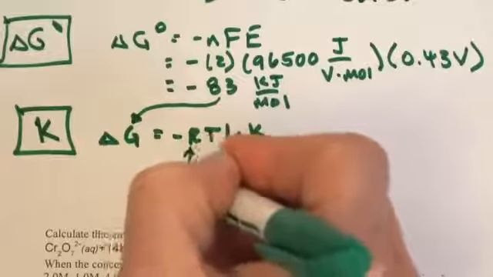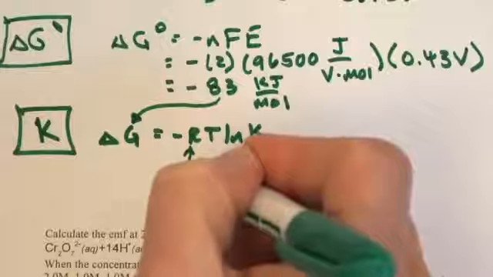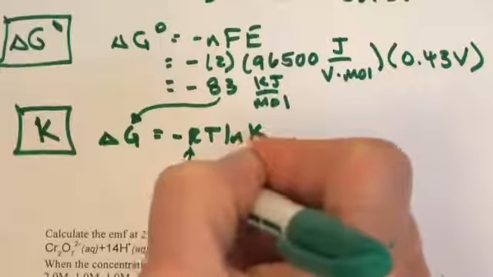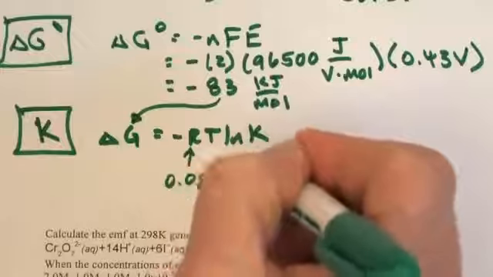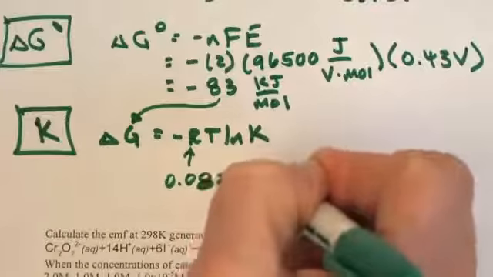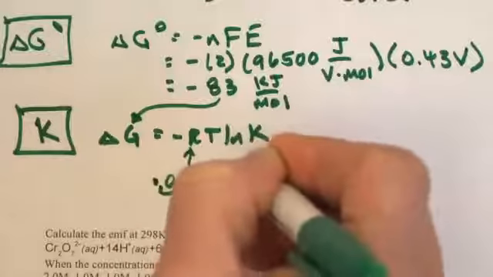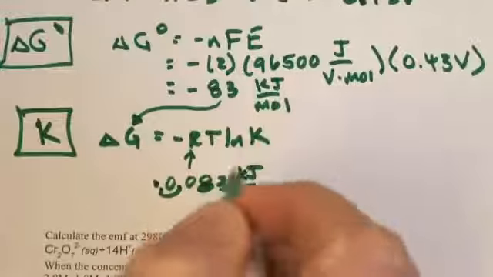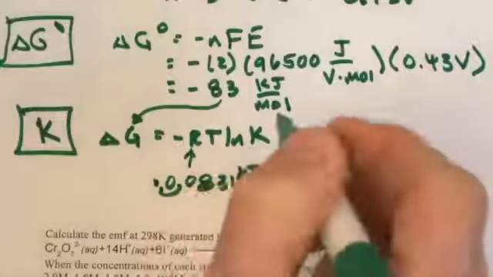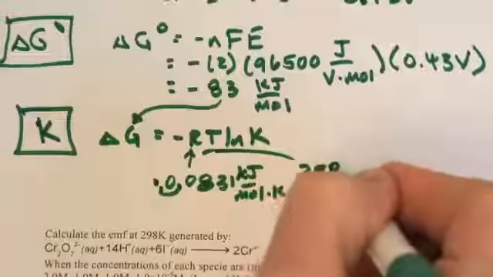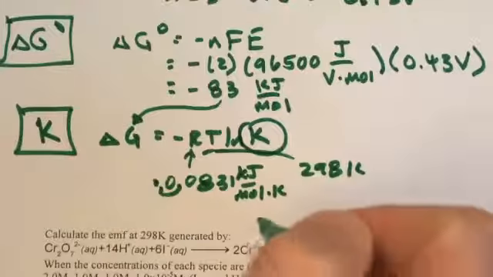Make sure to use 0.0831 joules per mole times Kelvin. 0.00, sorry, because you want it to be in kilojoules per mole Kelvin, and so you have to move this to kilojoules. And then the temperature, of course, is standard conditions, which is 298 K, and then you have to solve for the natural log of K.